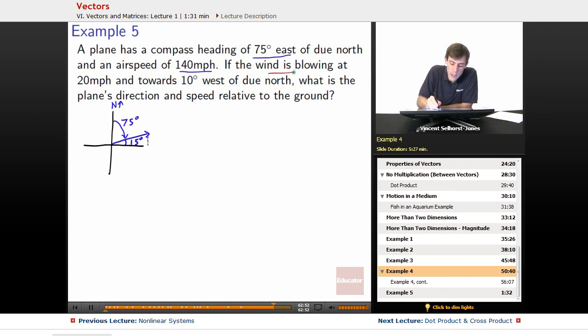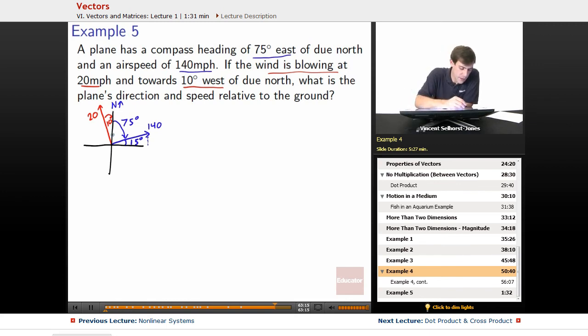So we've got the wind blowing at 20 miles per hour and towards 10 degrees west of due north. Once again, it's off of due north, just a little, 10 degrees off here, and it's a total of 20 miles per hour. So we've got 140 miles per hour this way and 20 miles per hour, 10 degrees to the west of due north.